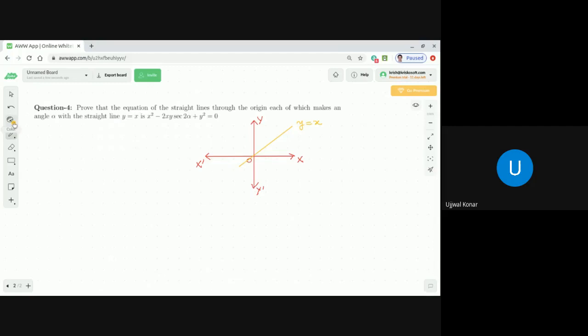So what will be the orientation of those straight lines? The first one should be something like this, which makes an angle alpha with this one, right? And the another straight line, if I draw it in the green color, will be something like this, correct? Did I draw it properly?